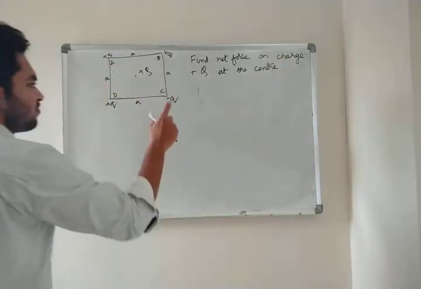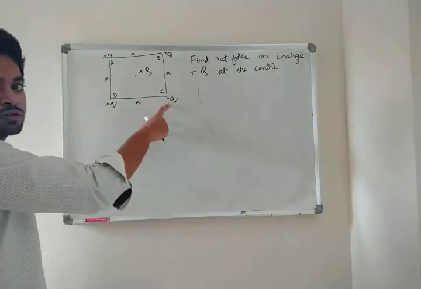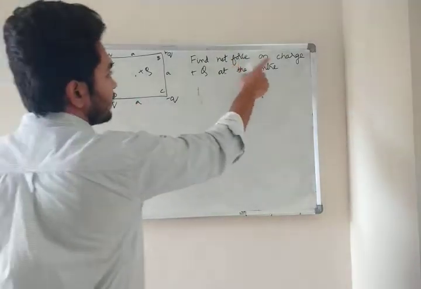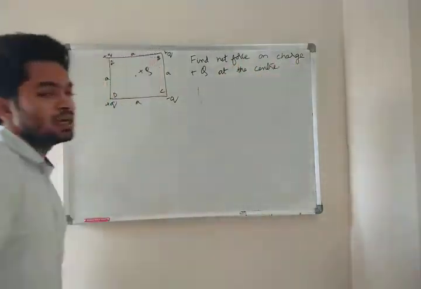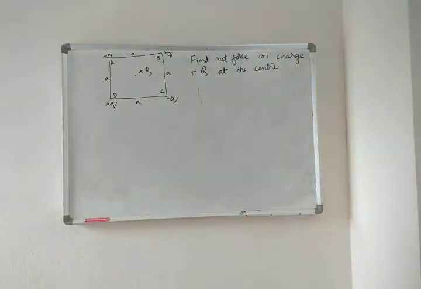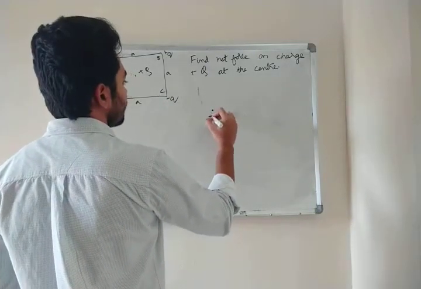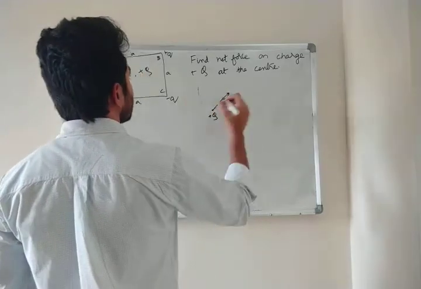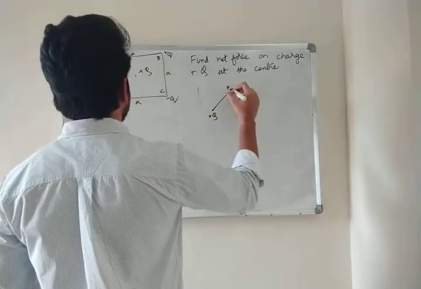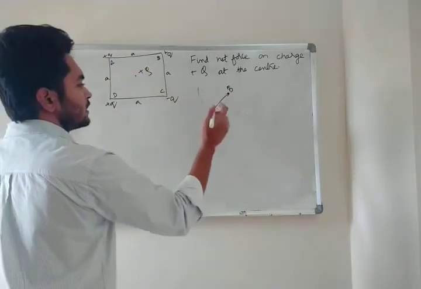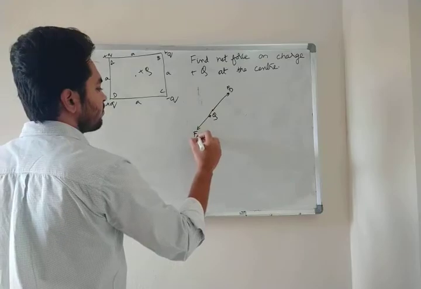Here it is not 0. Why? Because here it is minus Q. So we have to solve this and find the net force on charge Q placed at the center. Clear? Now what do we do? This is positive Q, this force FD, force due to D, will get balanced with FB, right?